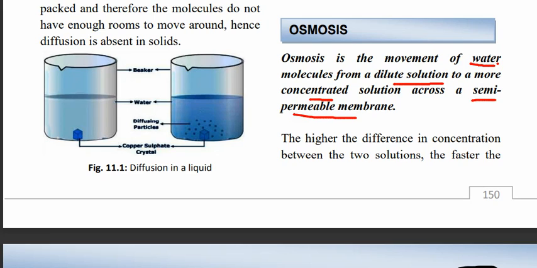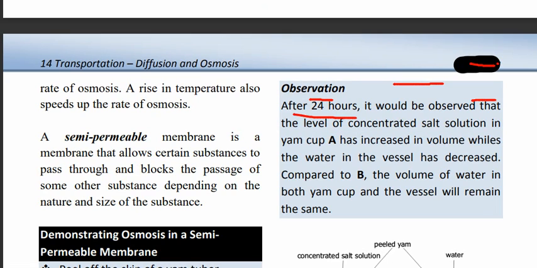The higher the difference in concentration between the two solutions, the faster the rate of osmosis. A rise in temperature also speeds up the rate of osmosis. Is that okay?